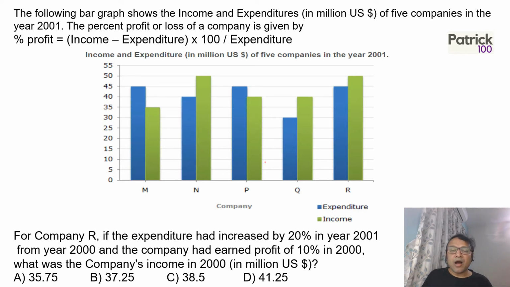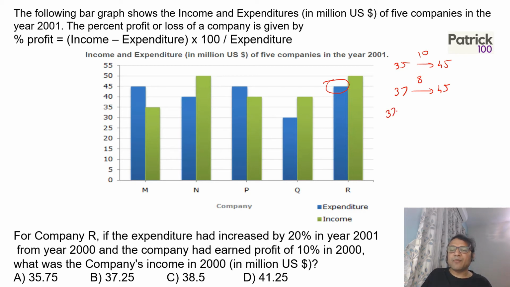For company R, the expenditure increased by 20% in 2001, so this 45 which is their expenditure is 20% more than last year. So we need last year's expenditure. Let's approximate. If I take 35 to 45, an increase of 10 out of 35 is much more than 20%. But if I take 37 to 45, an increase of 8 is approximately 20%.